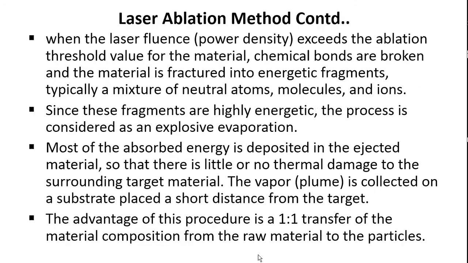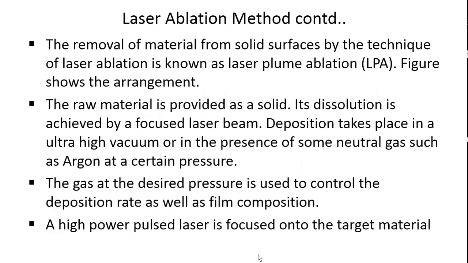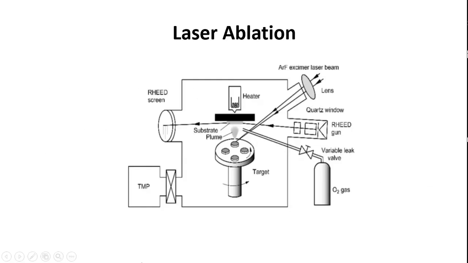So you should understand the laser ablation equipment basically. This equipment has the necessary parts and the target material, the raw material of which the nanoparticles are to be deposited over the substrate material. The substrate is just above the target, very near, some millimeters to centimeters away from the target material.